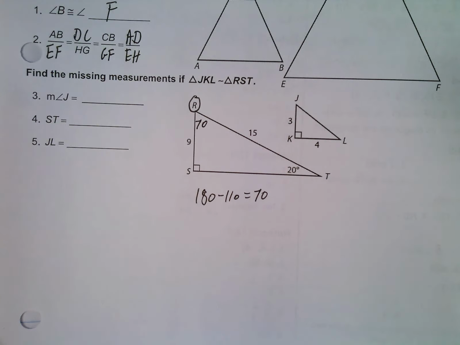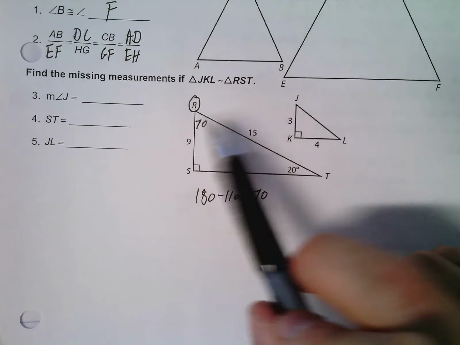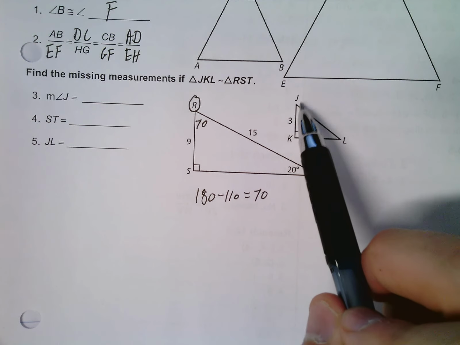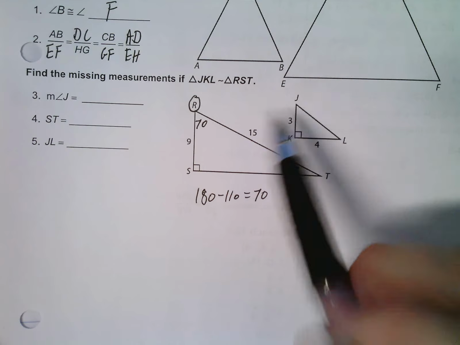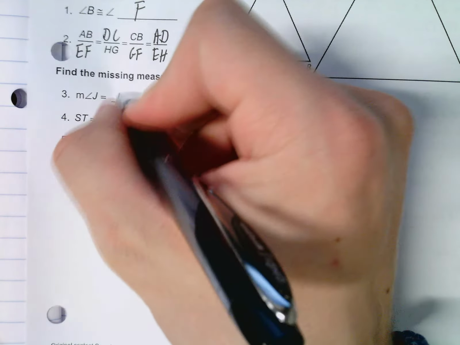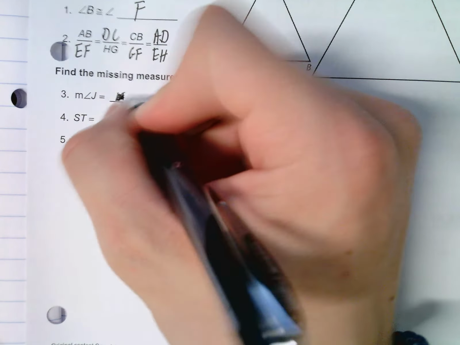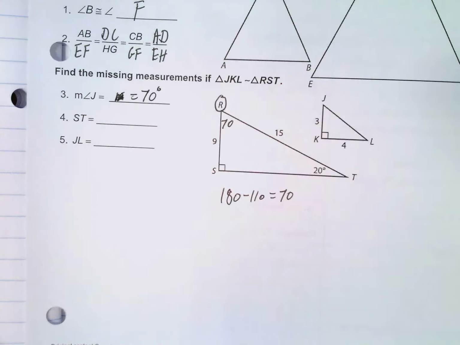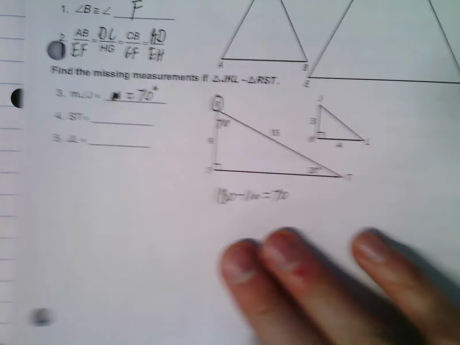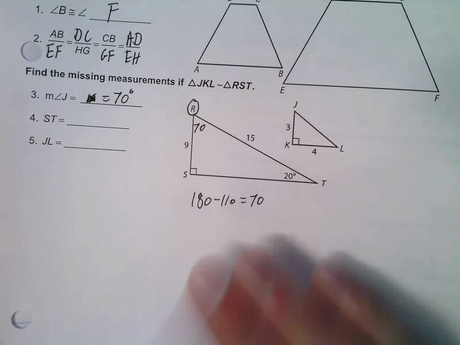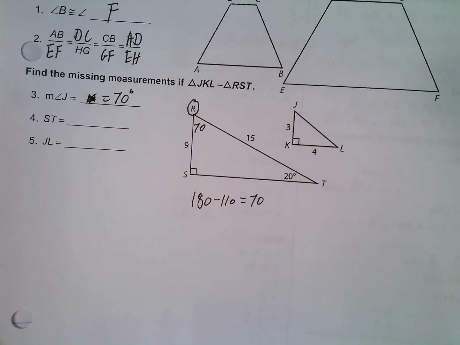So what is the measure of angle J, Hayden Kaiser? If this is 70 and these two angles are congruent, what is the measure of this angle? 70. I suppose it's just 70 degrees. If I want to find ST, how do I find ST?